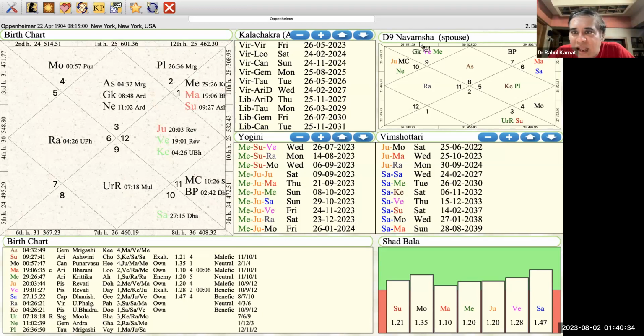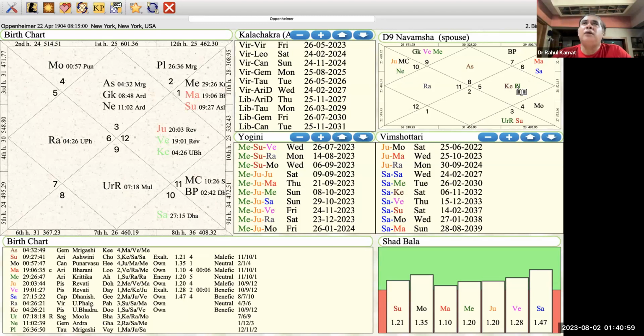Now if you look at D9, in D9 you see that Uranus is in the 8th house and Neptune is in the 3rd house. So Neptune and Uranus are both in the houses of death in a way, right? That's very suggestive. I mean, because this is D9 and Ketu is with Pluto. So his work was concerning explosive nuclear energy.